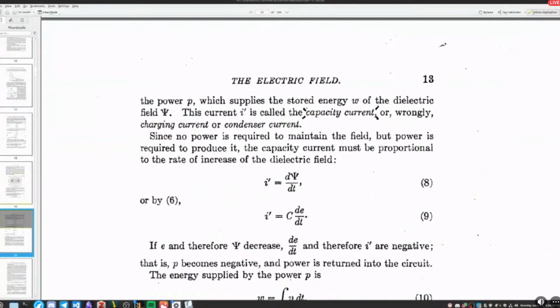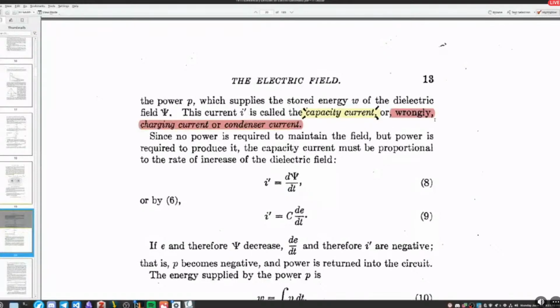The power P, which supplies the stored energy of the dielectric field, the current I prime, is called the capacity current, or wrongly charging current or condenser current. Since no power is required to maintain the field, but power is required to produce it, the capacity current must be proportional to the rate of increase of the dielectric field.